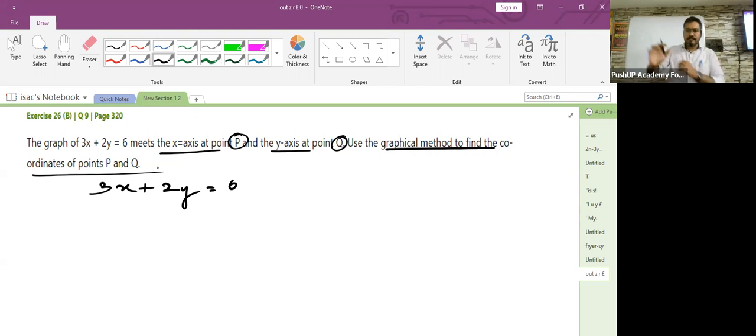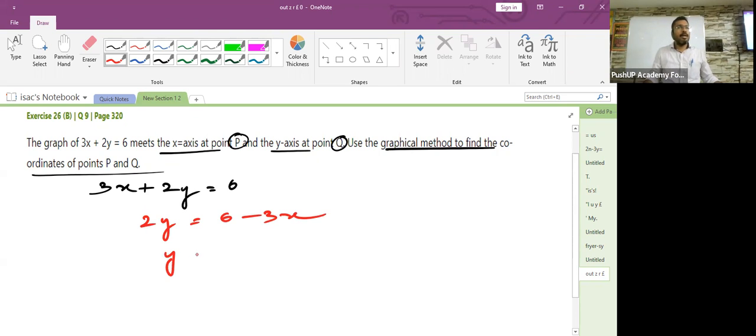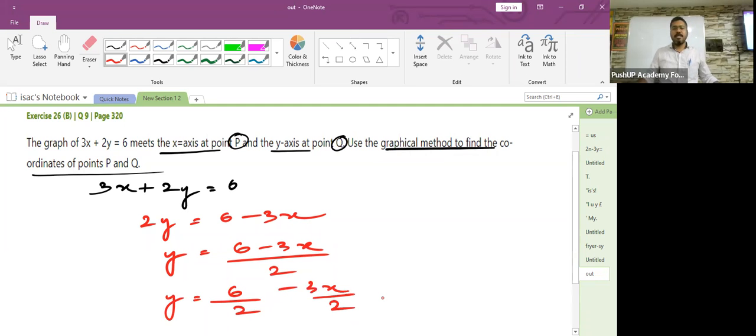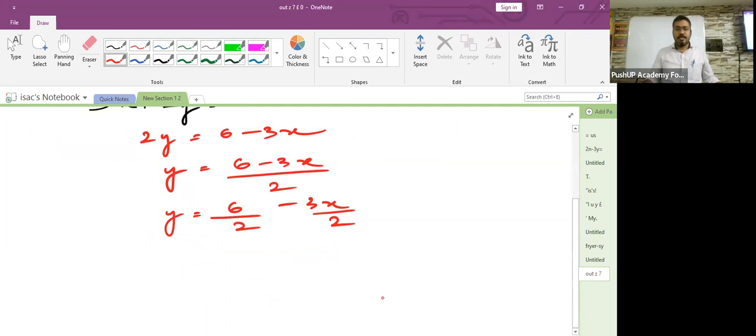All right. So first of all, you convert this into the general pattern. 2y is equal to 6 minus 3x. Therefore, y is equal to, Ananya, what? 6 minus 3x by 2. Very good. Now, children, we can individually divide the numerators with the denominator. So you get 6 by 2 minus 3x by 2.